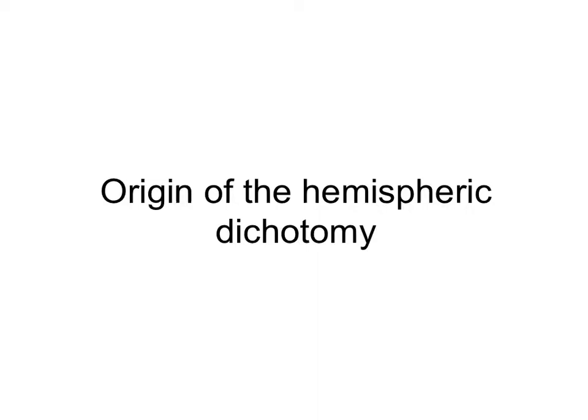The southern highlands are heavily cratered, therefore we know they're older. Something has happened to resurface or put a surface on the northern lowlands that is younger than the southern highlands. And one of the big questions of Mars geology is we see this phenomenon.